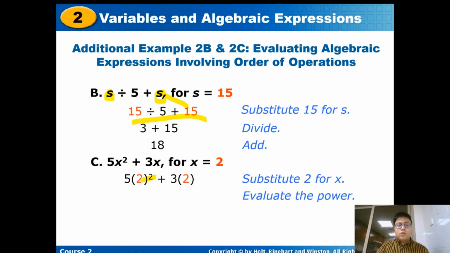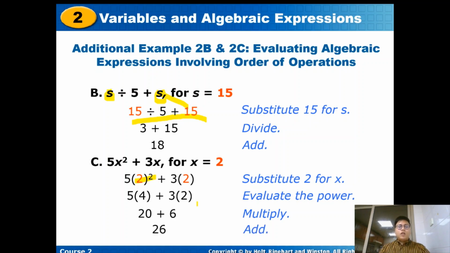So 2 raised to the second power is 4. So 5 times 4 plus 3 times 2. Then multiply. The answer is 20 plus 6, which gives you 26. Take note of this. Exponent first, then do the multiplication rule.